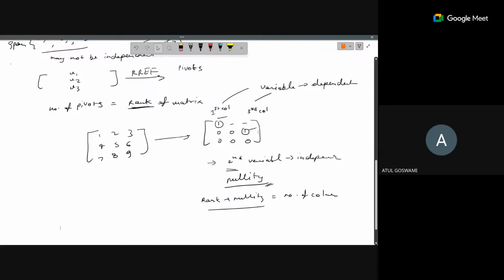What is the dimension of a vector space if we have two pivots and one independent variable in a 3 by 3 matrix?